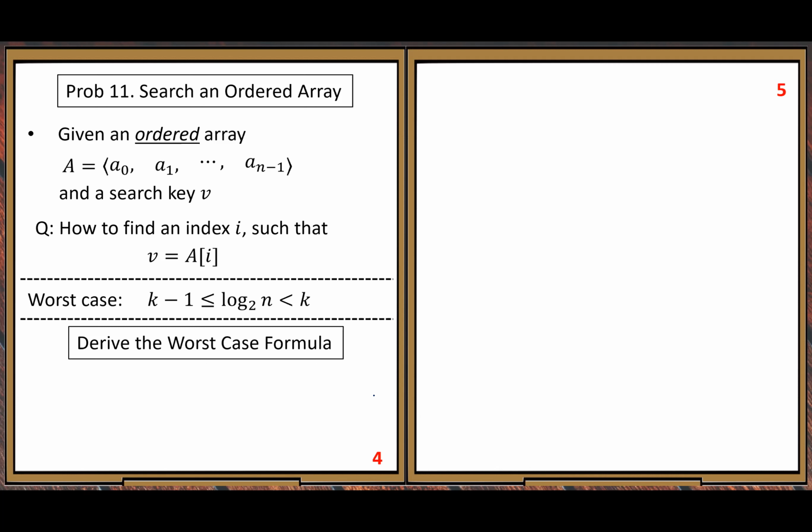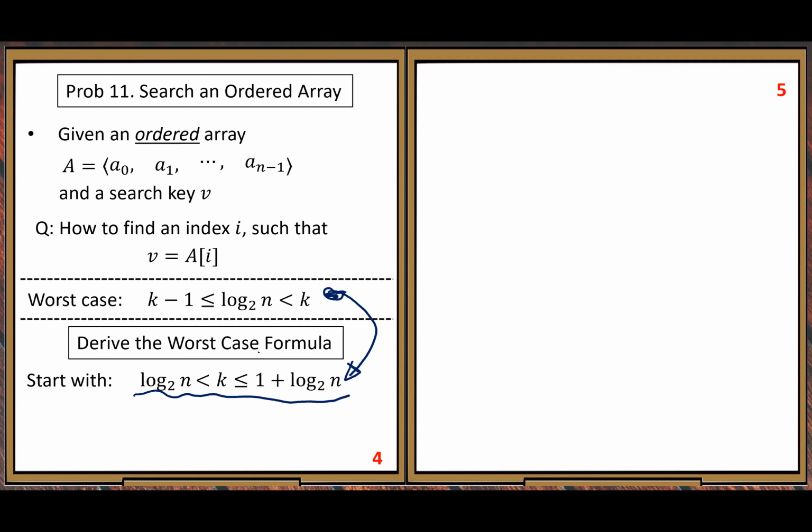So for that K, let's find that. So this formula can be translated to this formula easily, right? You move some numbers from left to right, you can get this inequality, equivalent to this one.